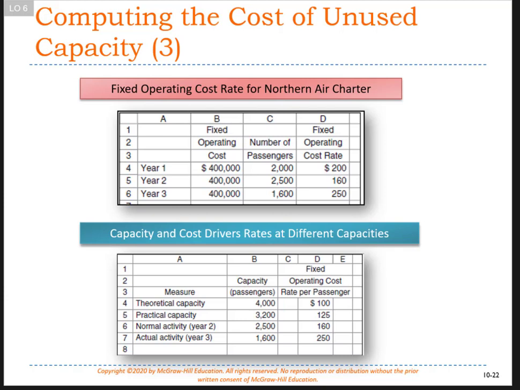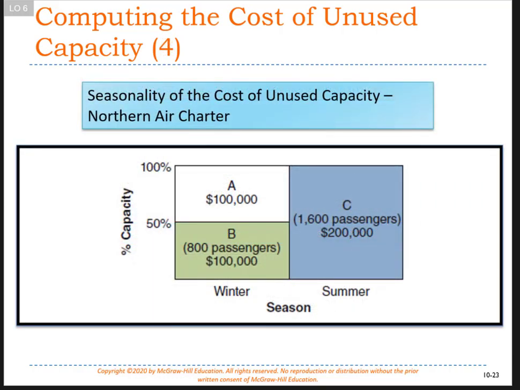It's going to make the customers have to pay more, and therefore there'll be fewer passengers, and we'll have even worse fixed costs per passenger. So this scenario is that we have the winter time where we have around 800 passengers, and we have the summertime when we have 1,600 passengers in total.